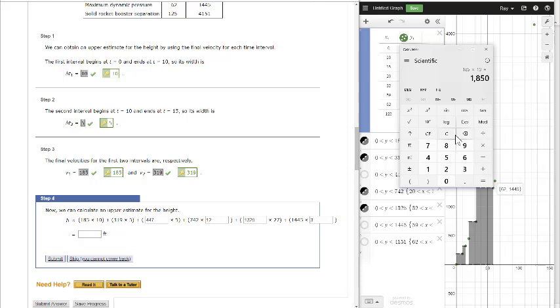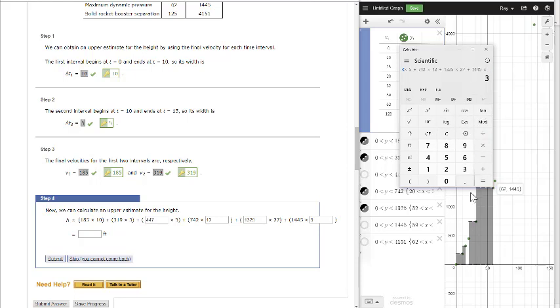So I'm confident that I don't need parentheses. So that's 319 times 5, and then 447 times 5, and then 742 times 12, and 1325 times 27, and then add the last one, 1445 times 3.